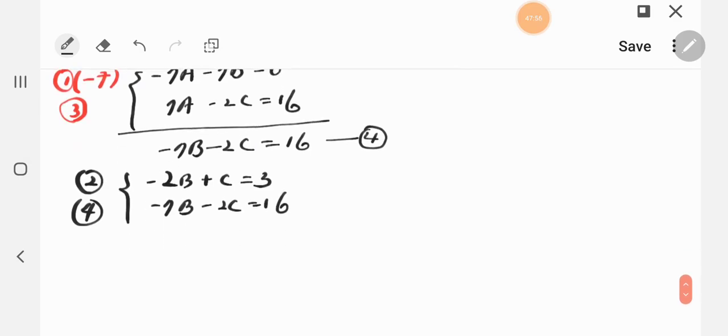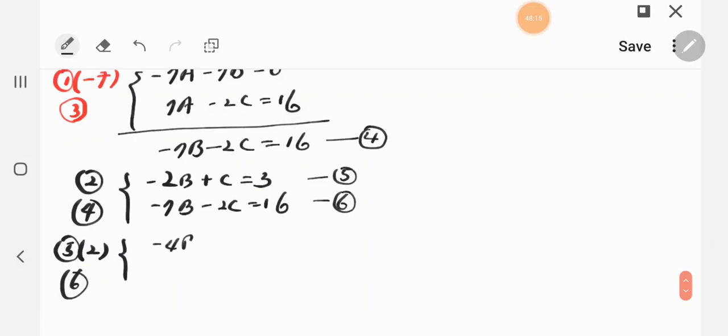Then from this, let's get rid of c. So let's say this is 5, and this is 6. Why don't we multiply equation 5 by 2 and add it to the sixth equation. So there will be negative 4b plus 2c is equal to 6, and 6 is negative 7b minus 2c is equal to 16.